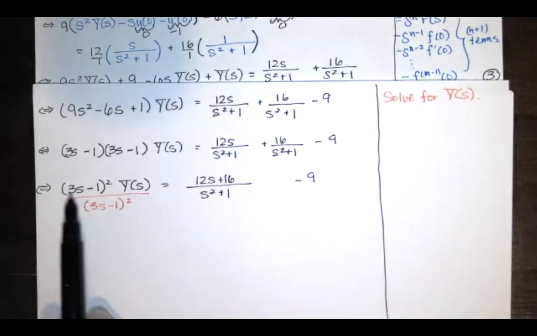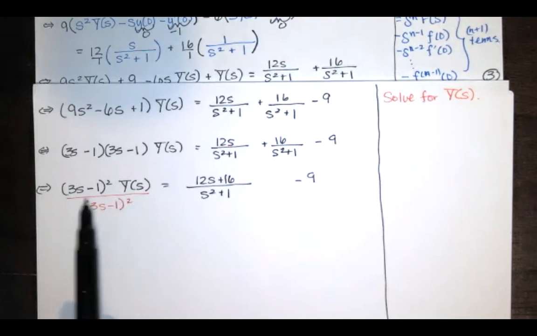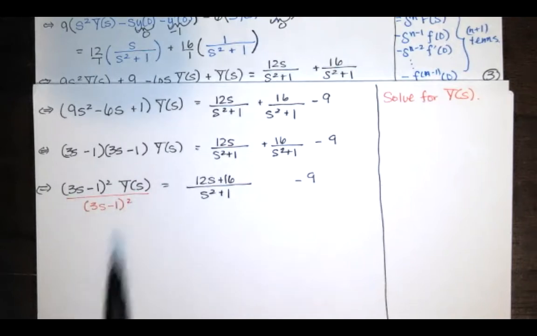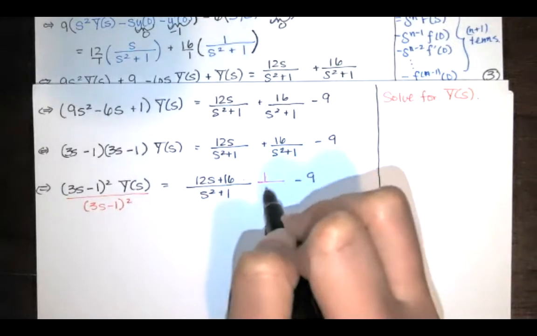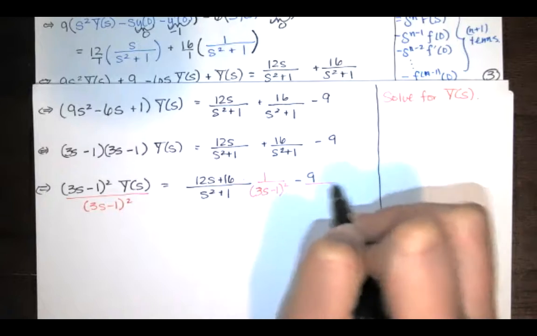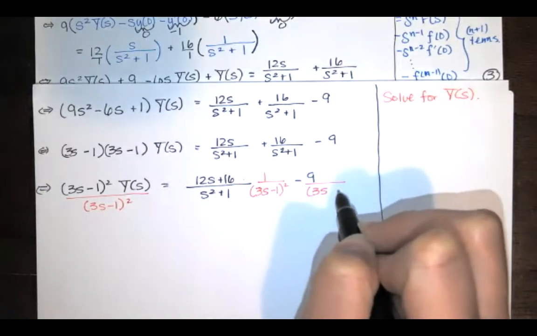So if I want to get y of s by itself on this side, I can divide by this. That's going to be the same as multiplying each of these terms by 1 over this. Now you could just divide by that and then multiply by the reciprocal, but you're going to end up in the same place.